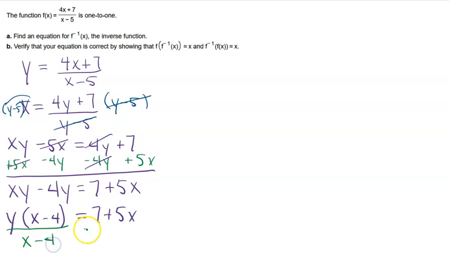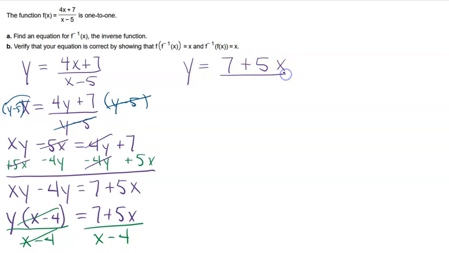Remember, to do something, you want to undo it. Just like I wanted to get rid of this 4y, I subtracted it because it's just a positive over here. Well, to get rid of multiplication, you divide. So those cancel. So now I have y is equal to 7 plus 5x divided by x minus 4.